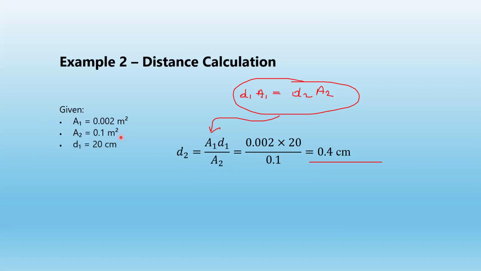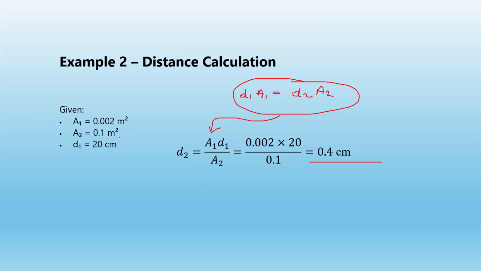Remember something here? Let's go crazy here. We both have the same units. When you do the calculation, you just have to make sure that you equalize the units. You can't have one in meters, the other one in centimeters.